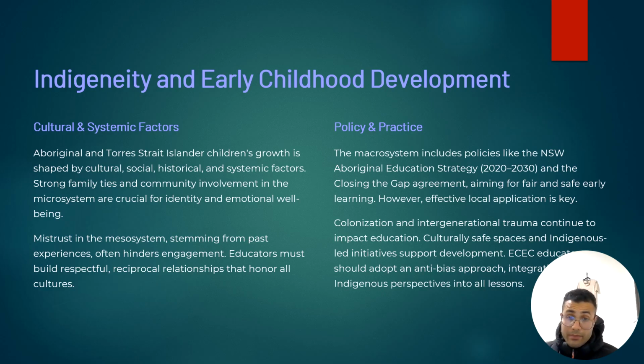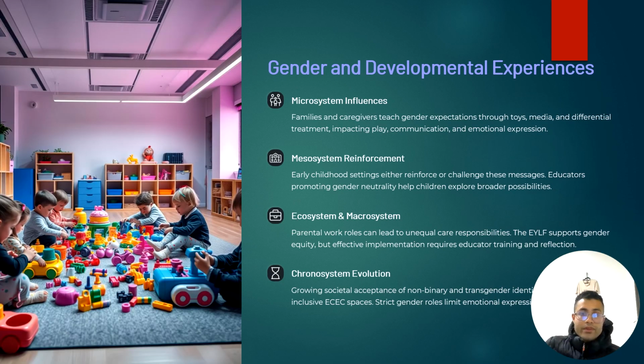Whereas in policy and practice, colonization and intergenerational trauma continue to impact education. So a culturally safe space for children from such backgrounds is very important, and educators are the people responsible for creating such an environment.